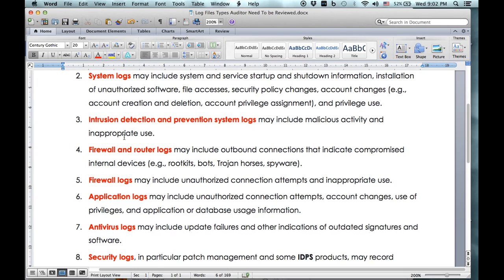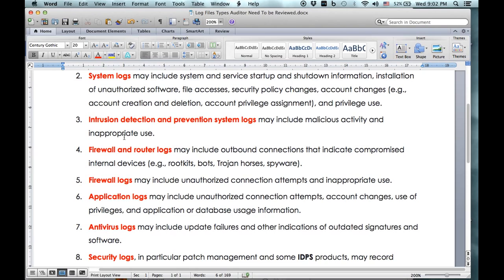So the IDS or IPS system log is very important and supports the auditor in identifying control gaps in the protection level or protection mechanism within the network infrastructure.